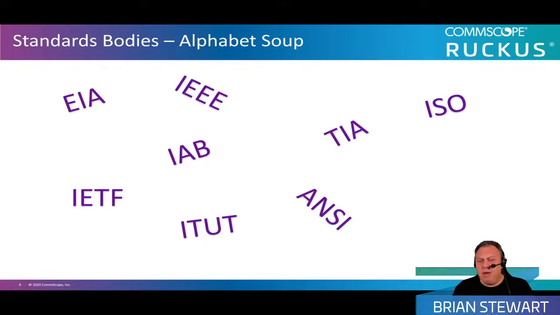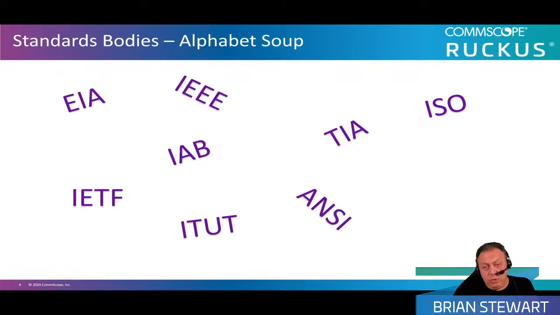And this shows us some of the base standards bodies that are used in the networking industry. Again, a little bit of alphabet soup, just like we had last week with LANs and WANs and CANs and MANs. Here we have a lot of different groups or entities like the EIA, the Electronics Industry Association, the IEEE, the Institute of Electrical and Electronics Engineers, the IETF, the Internet Engineering Task Force, and the IAB, the Internet Activities Board.